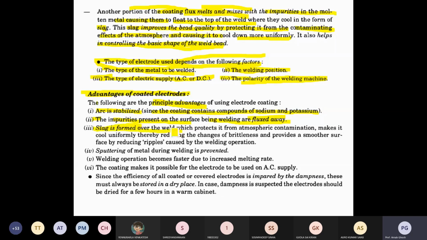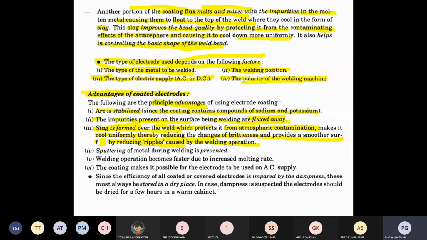Slag is formed over the weld, which protects it from atmospheric contamination and makes it cool uniformly, thereby reducing the chances of brittleness, and provides a smooth surface by reducing the ripples caused by the welding operation.